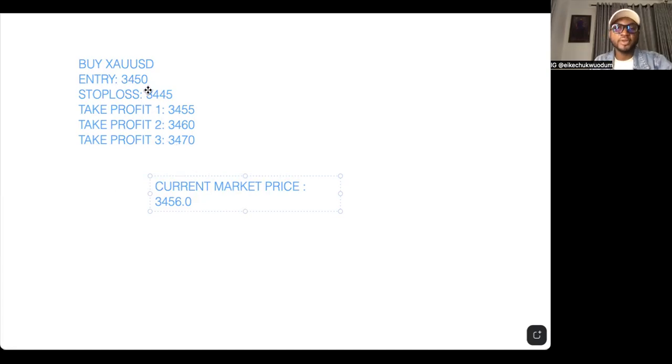Now, for a buy, the stop loss is usually below the entry. Who can tell me how many pips is the SL? So this is what you do when you're counting the SL. Hold on, don't answer yet.